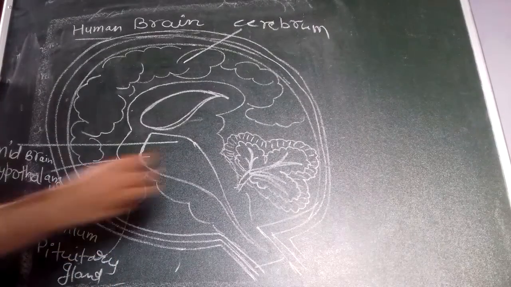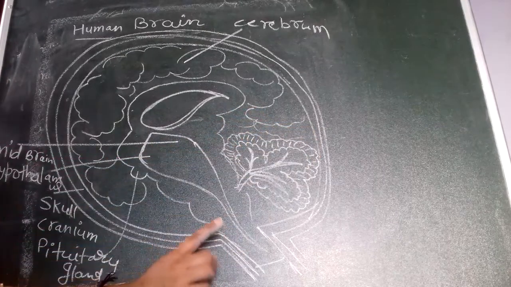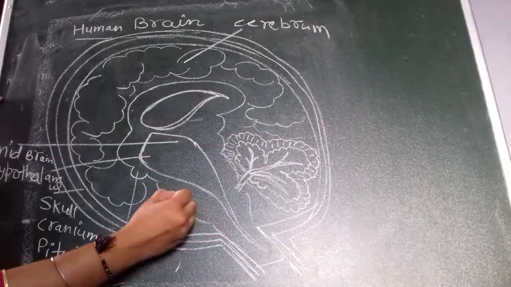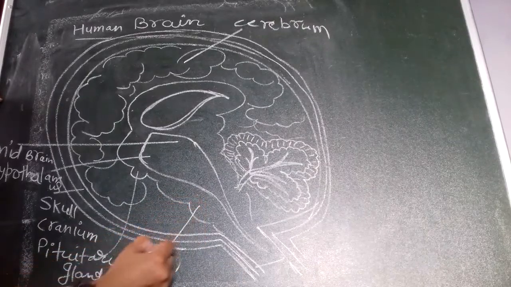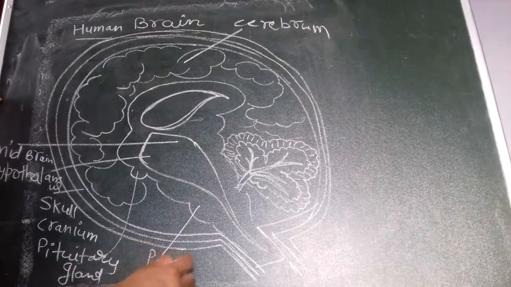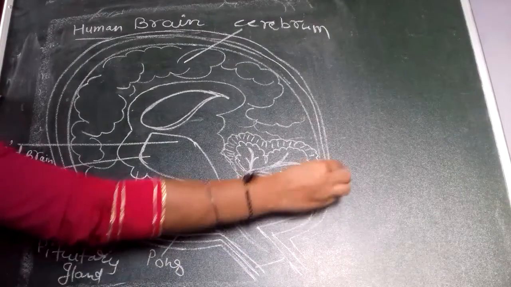Okay, let's move ahead. Our hindbrain has three parts, which we will write in sequence. Here is the pons, P-O-N-S. Here is the cerebellum.